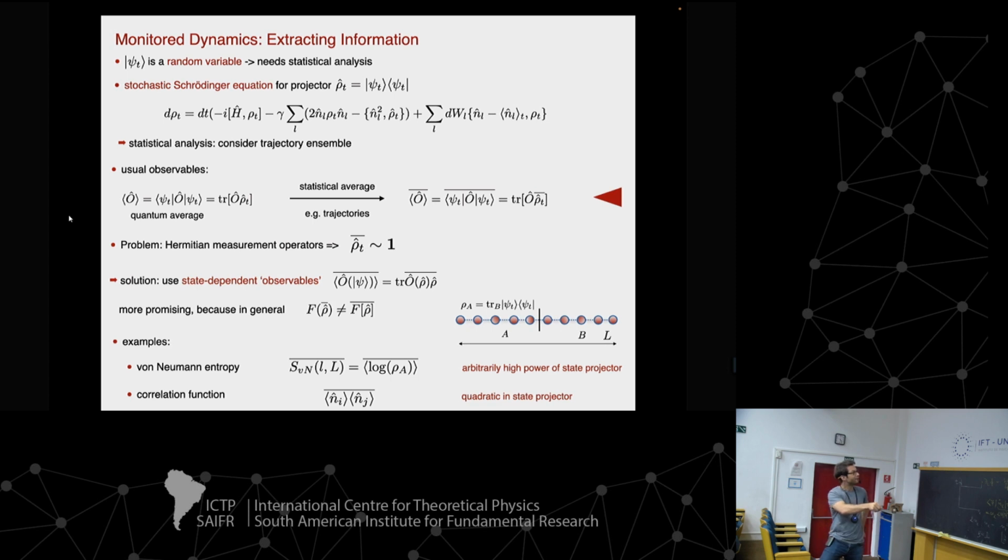Because for a nonlinear function of some variable rho, the function of the average is not the same as the average of the function. Not more, not less. So at least there is now a chance of gaining something. And examples for such nonlinear in the state functions are, of course, the entanglement entropy.